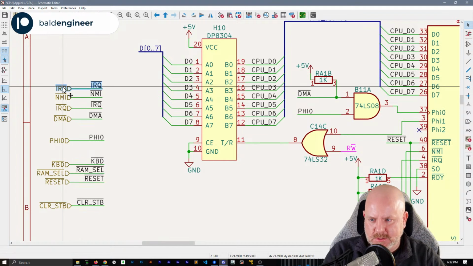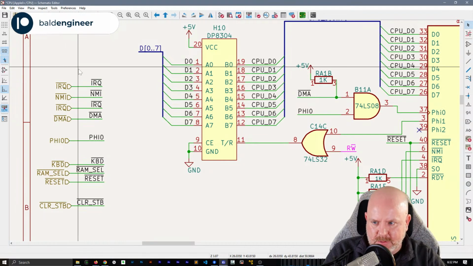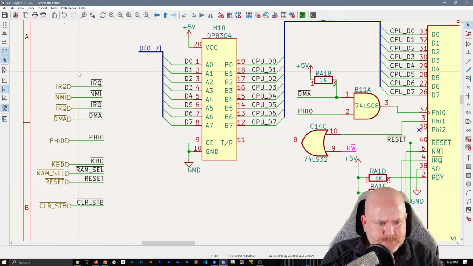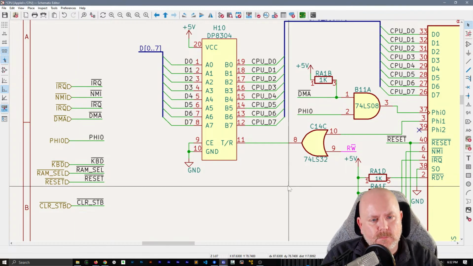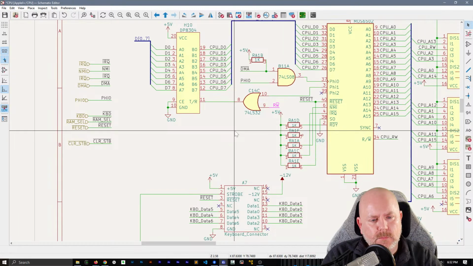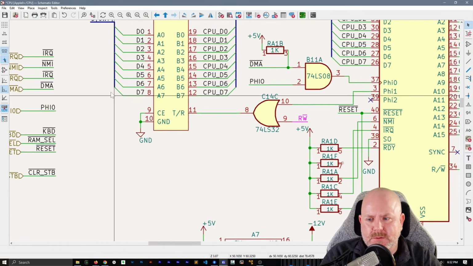IRQ is interrupt. Ready, or RDY, that's how a card can pause the processor.